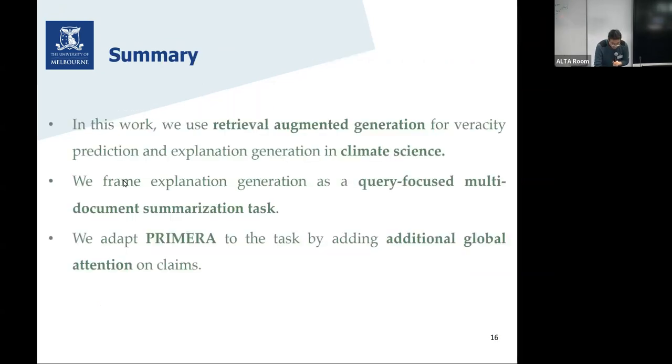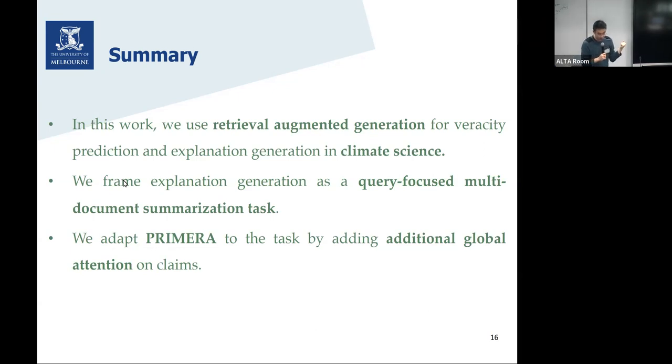Okay, and here's the summary. In our work, we use retrieval augmented generation for veracity prediction and explanation generation in climate science. Basically, it's explainable fact-checking on climate science claims. We frame explanation generation as a query-focused multi-document summarization task.